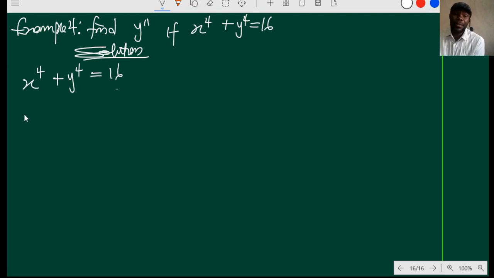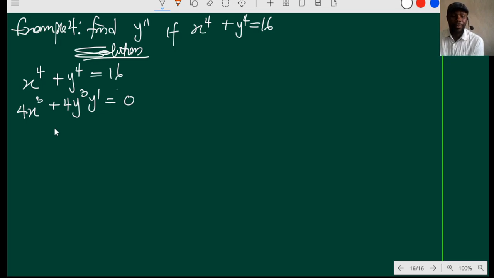By implicit differentiation, we have 4x raised to power 3 plus 4y raised to power 3 y1, because I've said earlier that we use chain rule in that, which is equal to the derivative of 0.